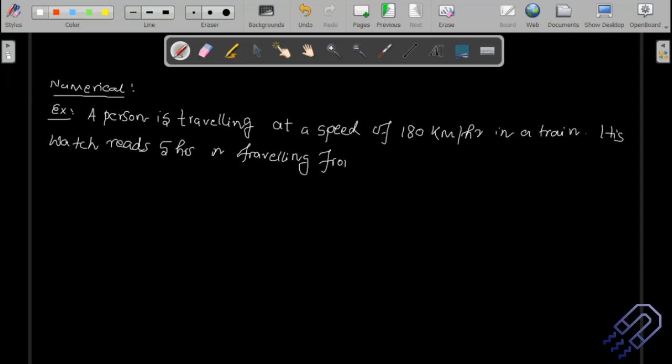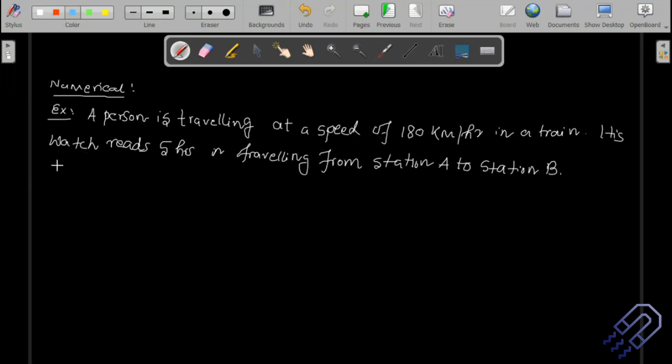He has a watch in his hand, and it takes this much time to travel from station A to station B. There are two parts to the question.